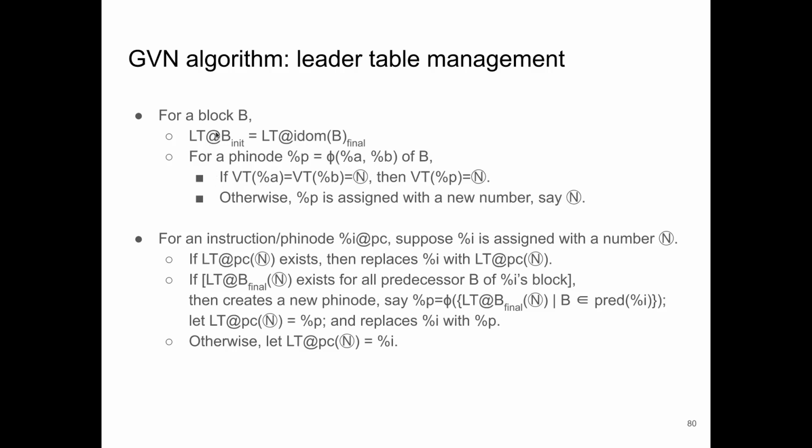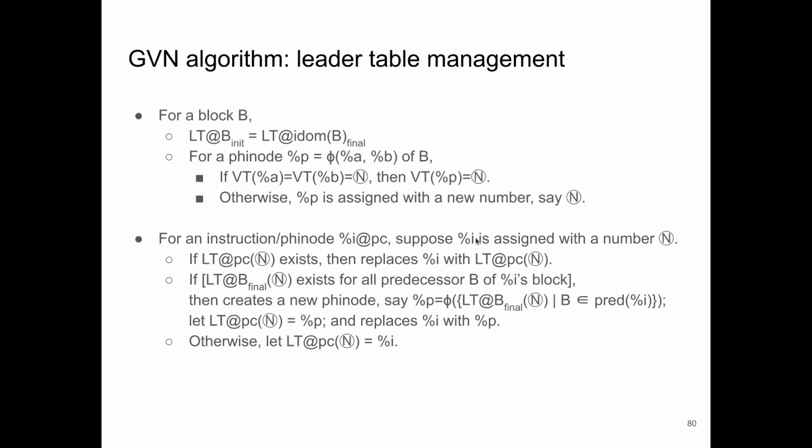So this is what is happening at the beginning of each block. And for each instruction and for each new phi node, we are going to update the leader table as follows. Suppose that we are going to define a register %i as some program counter, so when we are executing an instruction or a phi node.